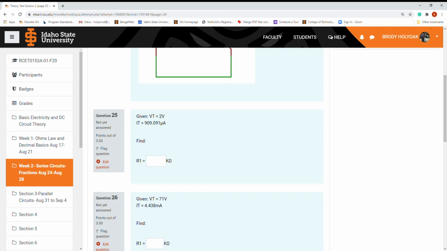What is micro? -6. This is how many ohms of resistance? 2.2K. Yep, that can get into the rounding. 2.199 will still be acceptable.